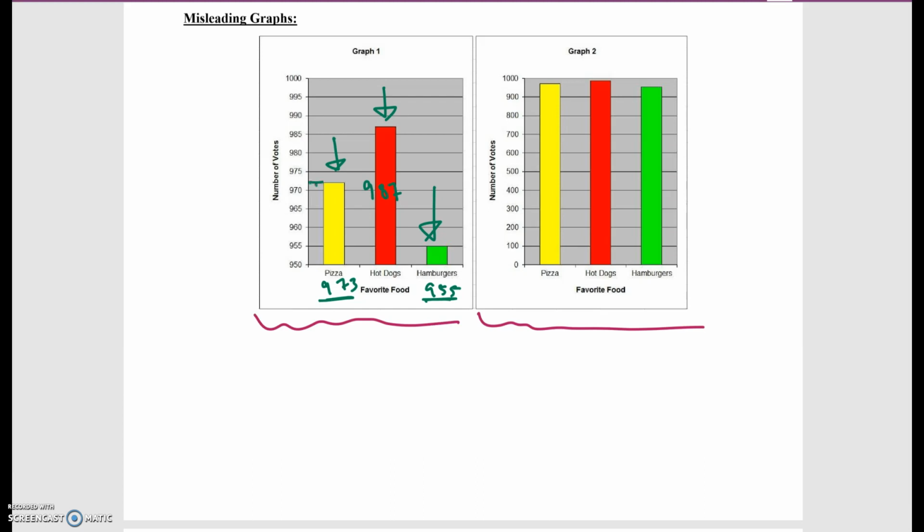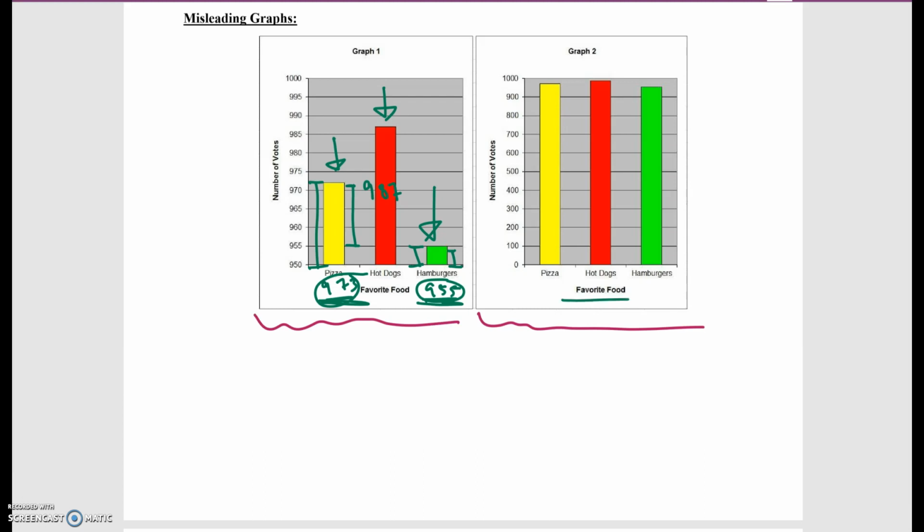But if you look at the height of this bar, it is almost twice as large as this little guy. And you can see in the numbers that's not quite correct. So this is misleading. It's not telling you anything at all. It's just telling you that people tend to like hot dogs and pizza way more than hamburgers, but the numbers say otherwise. They're basically all the same.